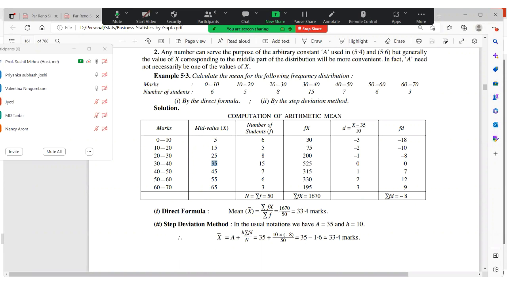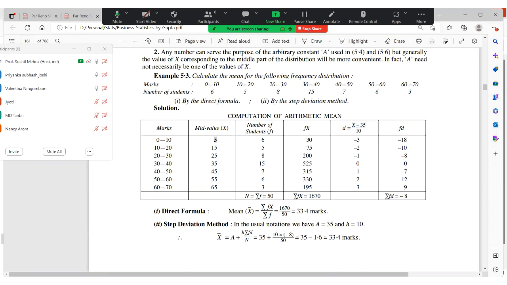Because the number is odd, 7 is odd, you get a single middle term. You can easily choose the single one. You choose A as 35. H is the class size, that is 10. Difference in all is 10, so class size is 10. Divided by H, H is 10, right?